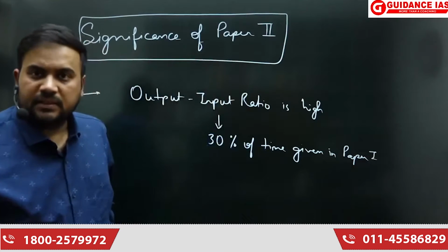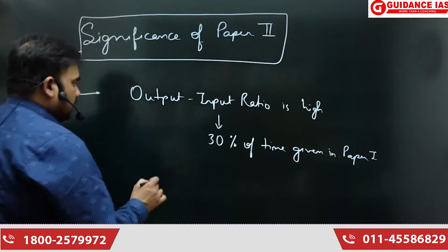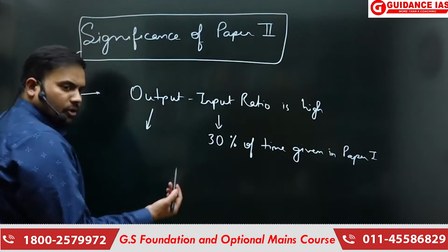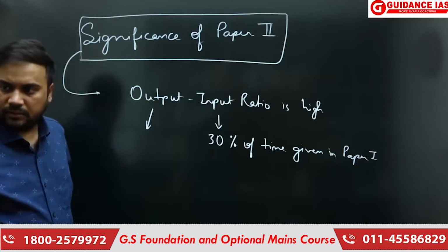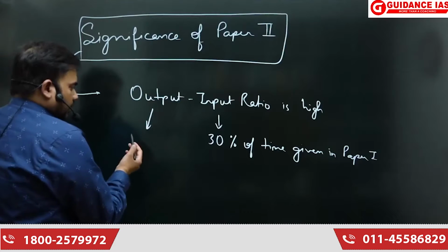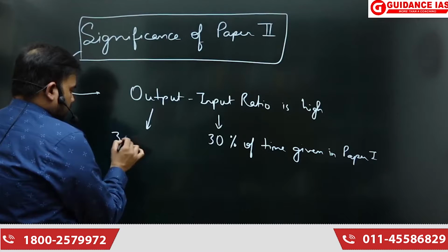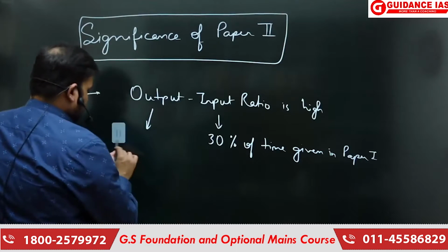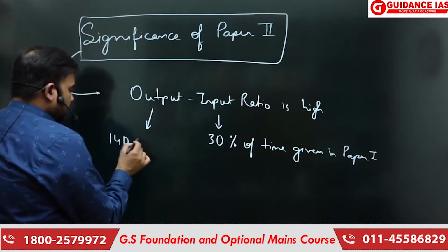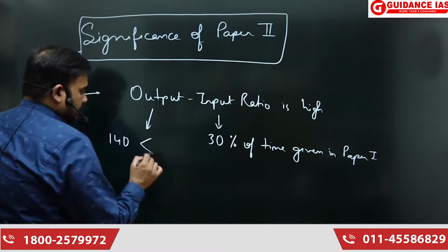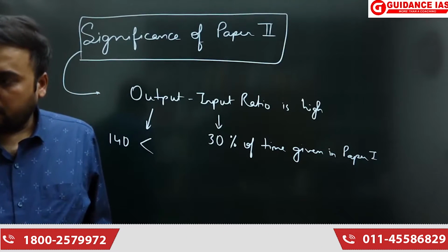So you generally give just 30% of the time you give in paper 1, and with that, if you have attempted the full paper and you have written well overall, the marks would easily be above 140.